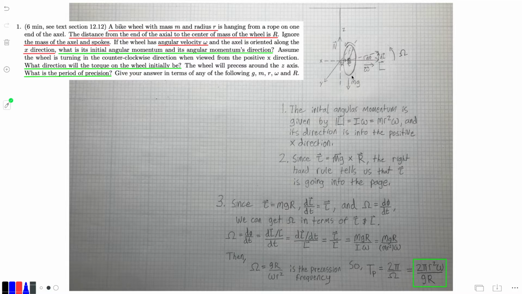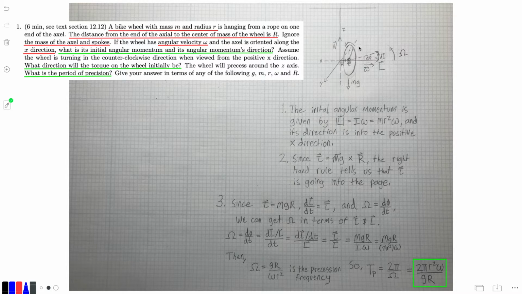As far as the direction, this is where, in my opinion, it gets a little more fun. What we can do is point our fingers and wrap them around the wheel as if they were spinning in the direction of the wheel. And just in doing that, we can see that our right thumb is pointing outwards along the positive x direction.